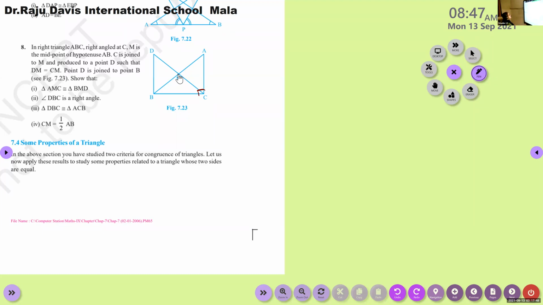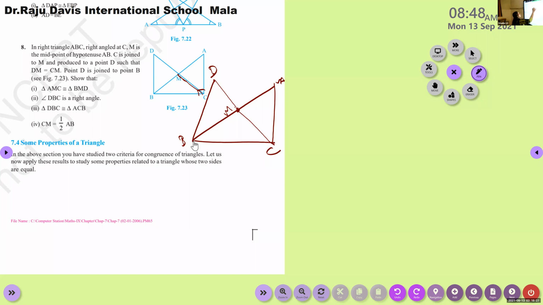M is the midpoint of hypotenuse AB, and C is joined to M. We are producing CM to a point D such that DM and CM are equal, and D is joined to B also. So this is our figure.